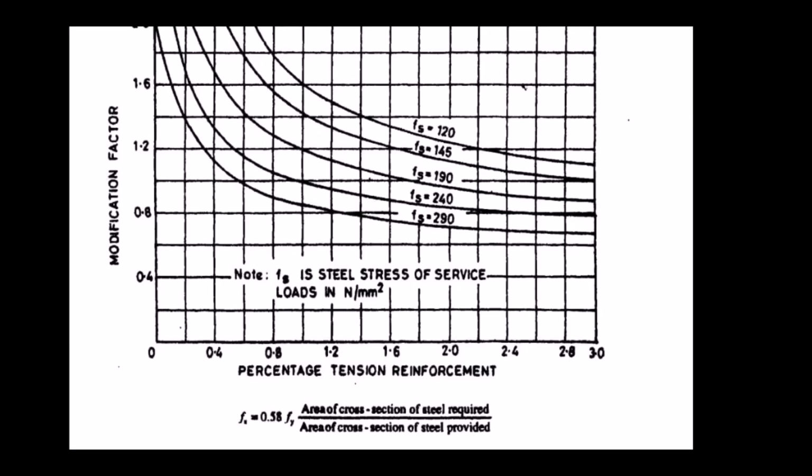So first check for fs 240 and percentage of steel 0.33, the value of modification factor is almost 1.5. You can check this value with the help of a pencil or scale. And for fs 190 we can assume the modification factor as 1.9. So now we have these two values. From these we have to find the modification factor for fs 234.